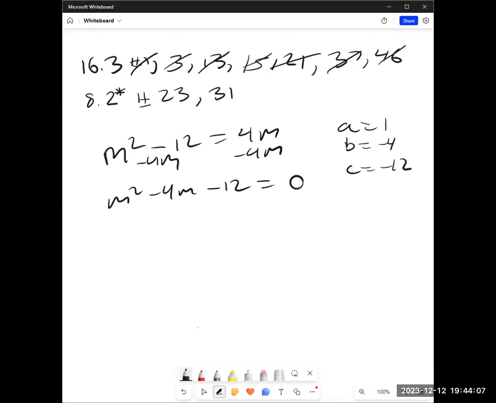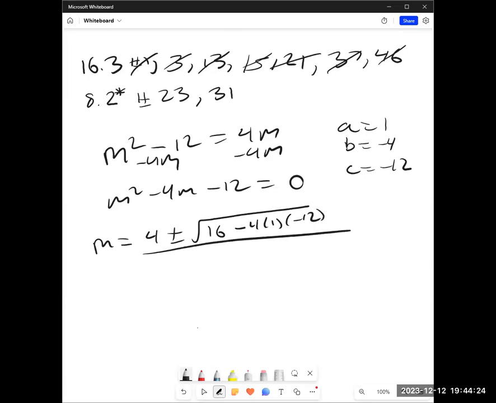So we have m is equal to 4 plus or minus root 4 squared, which is 16, minus 4 times 1 times -12. Watch, those two negatives are going to make a positive, over 2a.